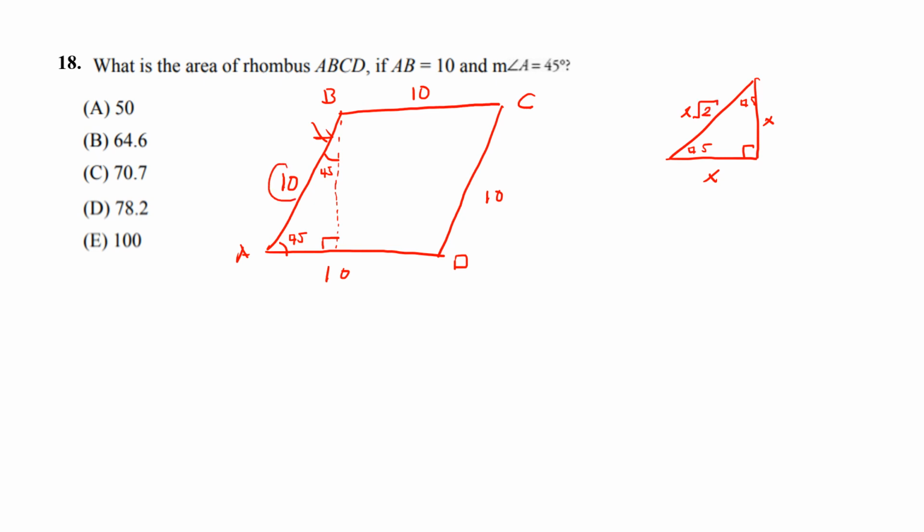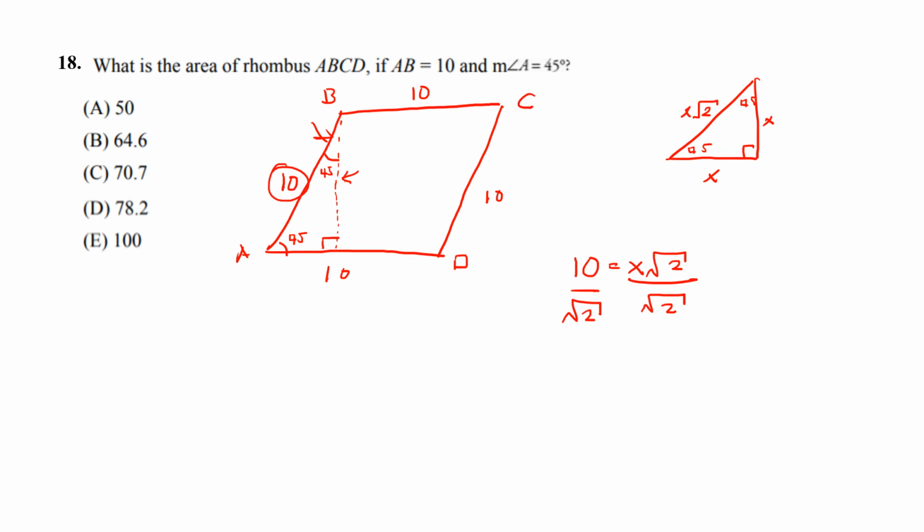So here we have the length of our hypotenuse. It's 10. So 10 equals our x radical 2. So by dividing both sides by radical 2, we're going to get our leg, which is this length over here, which is our height.